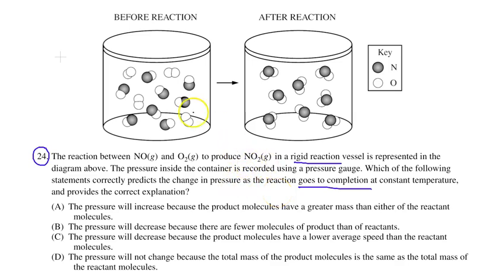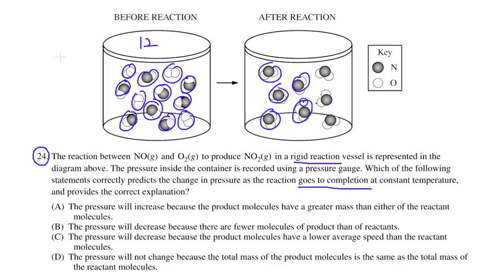Well, if you look carefully, we've got 1, 2, 3, 4, 5, 6, 7, 8, 9, 10, 11, 12 gas particles. And now we have 1, 2, 3, 4, 5, 6, 7, 8. We have fewer particles as atoms combined.